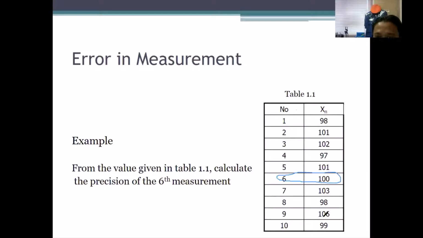Then the answer will be the nth measurement, here the sixth measurement, divided by the average value. That is the precision.